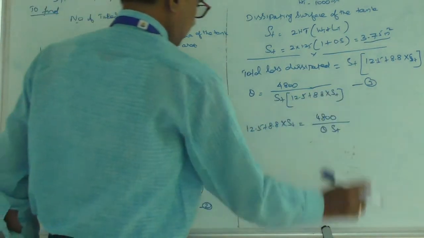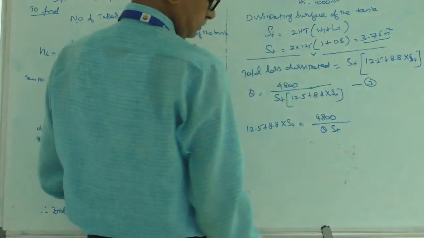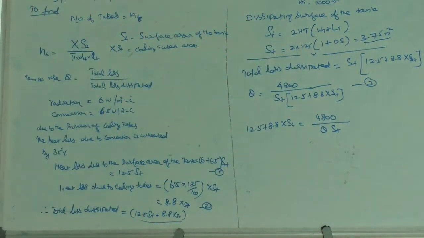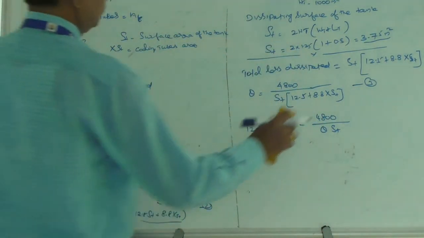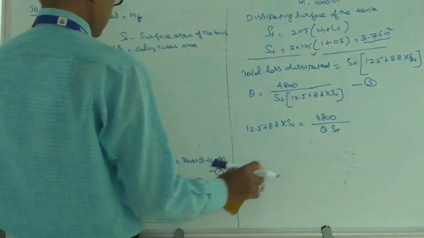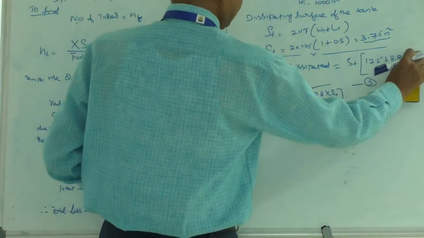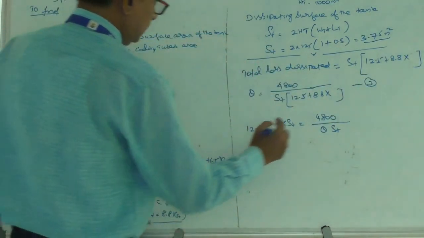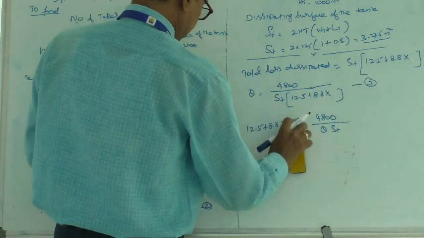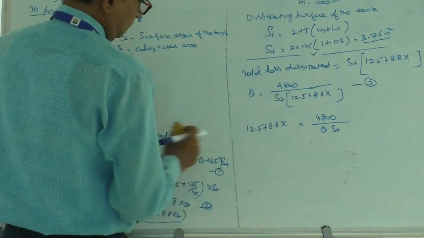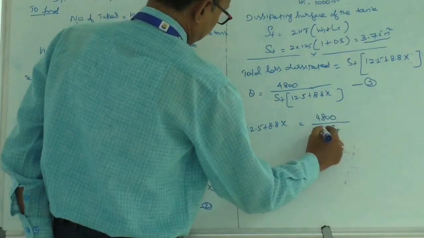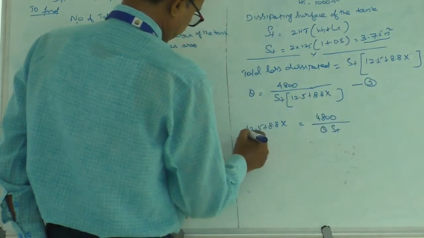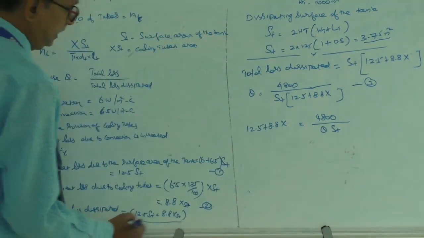So here already ST is there. ST has been taken out, so this is 12.5 plus 8.8x only. So here this is 8.8x. 4800 divided by theta into ST is equal to 12.5 plus 8.8x.